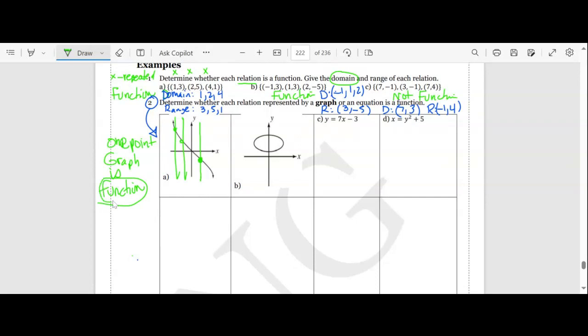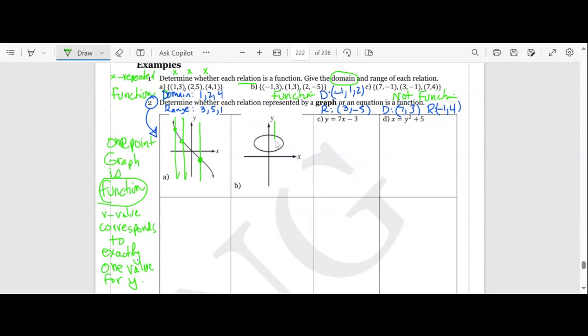Because the definition of a function is every x value corresponds to exactly one value for y.